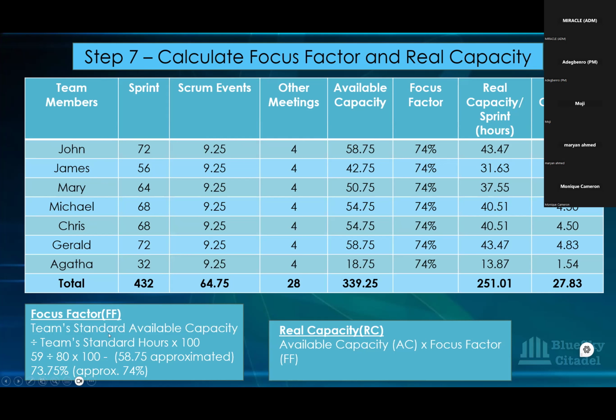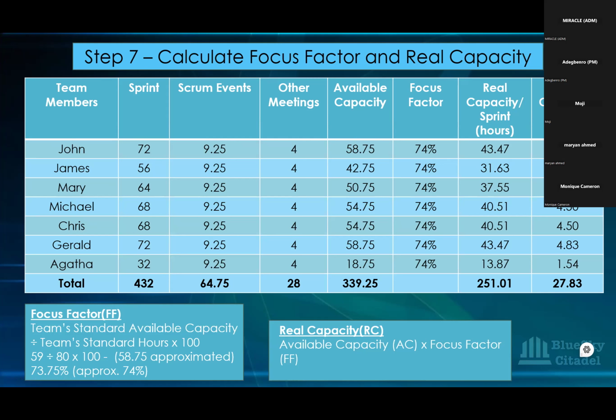So even if John has taken a day off, we'll still be using 59. You know why? Because when you're calculating your focus factor, if there's a bank holiday, it has nothing to do with the team. They didn't ask for that holiday. The organization or the government gave them that holiday, so that doesn't come into effect.